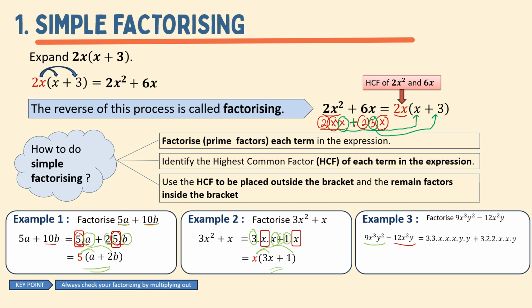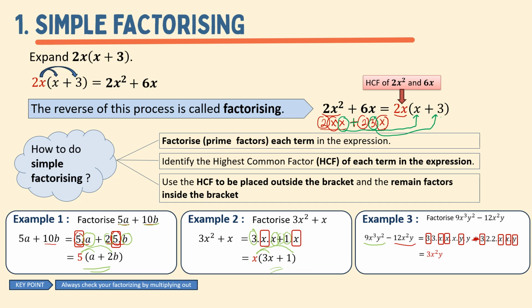We can decompose it into 3 times 2 times 2 times x times x times y. And after that, just find the common factors. The common factors are 3 and x and y. So the HCF should be 3 times x times x times y, which is 3x squared y.